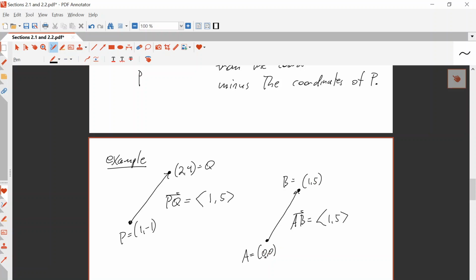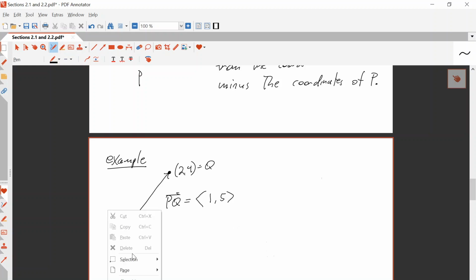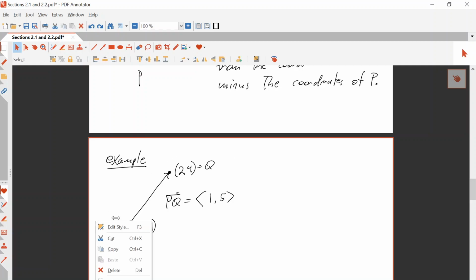So the same vector can appear between 2 distinct points, and what you'll notice about those 2 vectors is that they are parallel. So I should make them look parallel by copying and pasting.